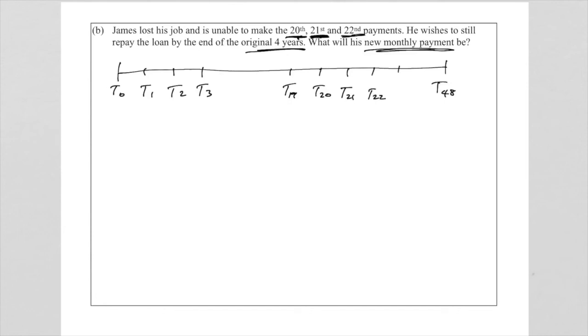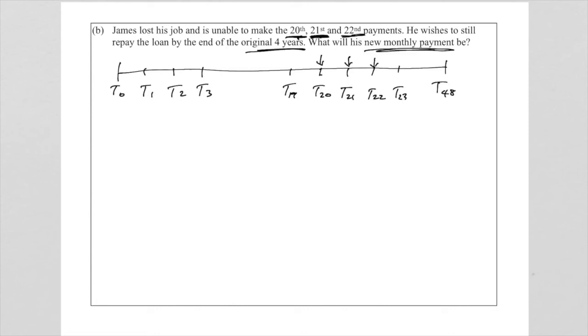We can even put in a T23. Now, the reason why I've done this is because of the fact that he missed 3 payments. He missed that payment, he missed that one, and he missed that one. Those are the 3 payments he missed.